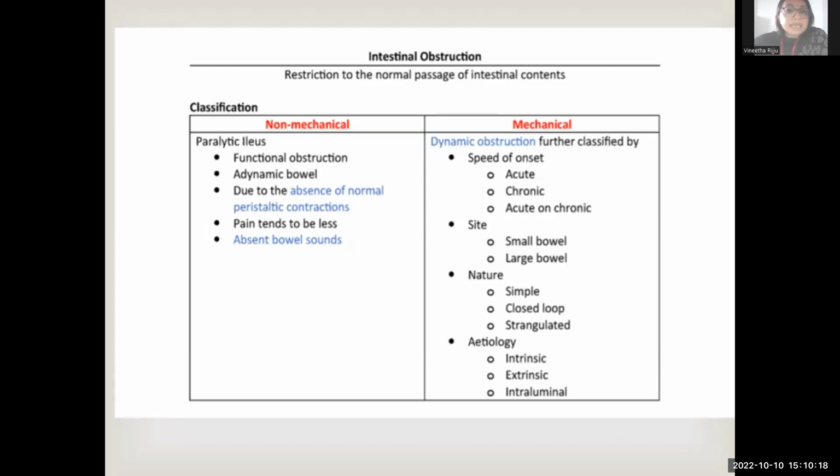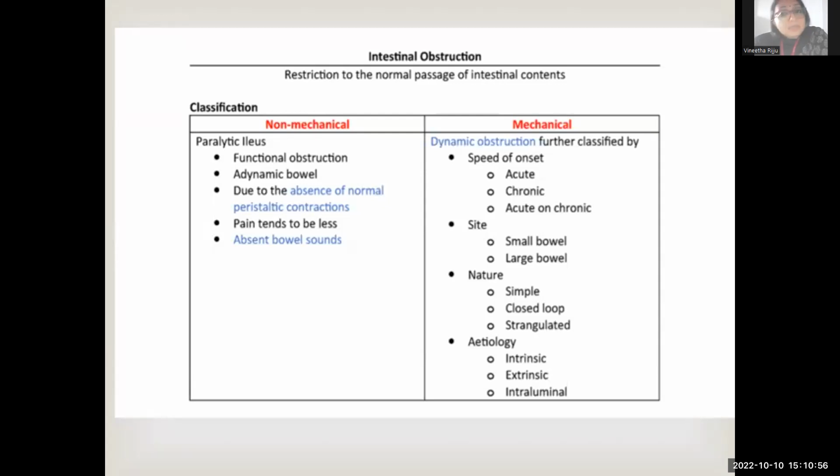It can be mechanical, or sometimes it can just be that there is no function for the intestine. The intestine is basically stuck because there is no peristalsis. There is no forward movement. This happens in paralytic areas. You call it an adynamic bowel, and it is called a functional obstruction. It is because there is absence of normal peristaltic contraction. And in such obstruction, the pain is less. The bowel sounds are absent.